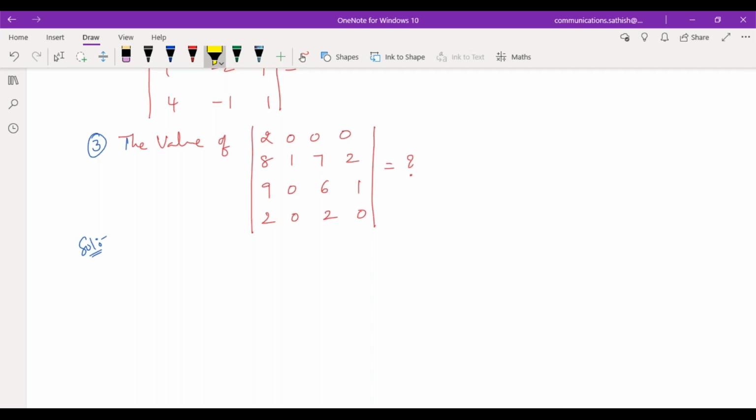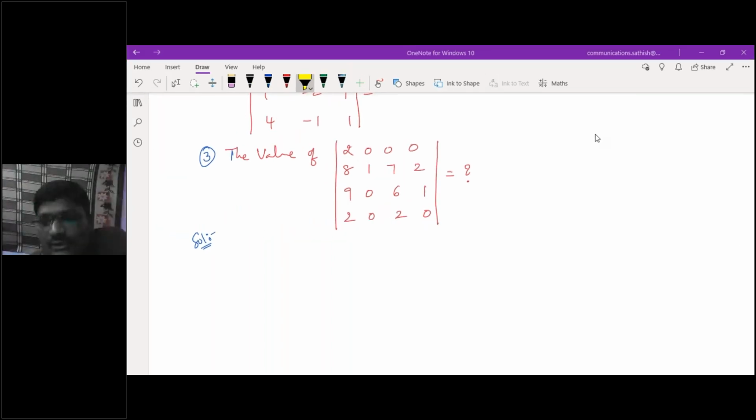If they provide you a matrix of more than third order, first you have to search for the number of zeros in the corresponding row, one zero, two, or three zeros. Fourth order determinant takes more time to calculate, but it is not required, because from the GATE exam point of view they will provide only 1 mark or 2 marks.